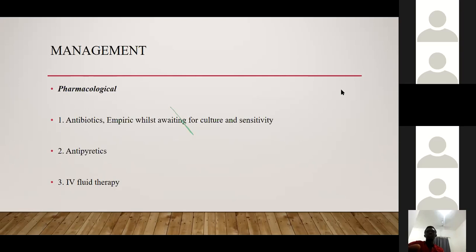In cases where the temperature is high, you have to give antibiotics. In severe cases, we're saying patients who are immunocompromised, diabetic patients, elderly patients, these people need a critical look. So you have to ideally admit them, give IV antibiotics, and then give them enough fluids so that they don't go into any form of shock.